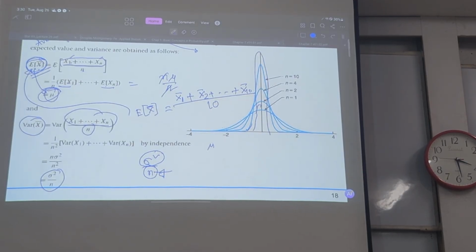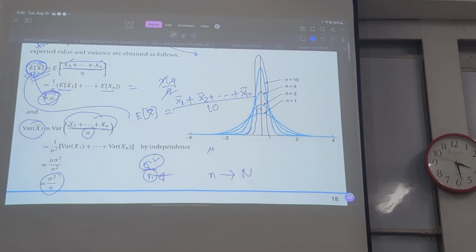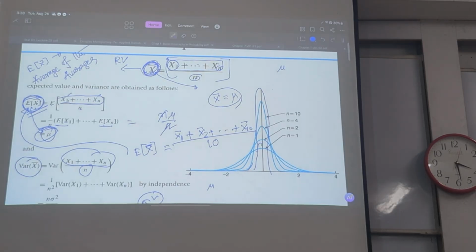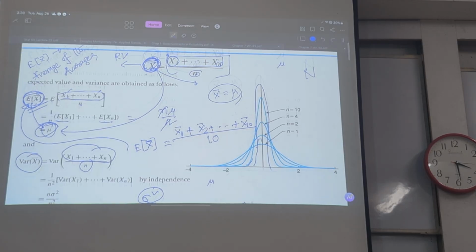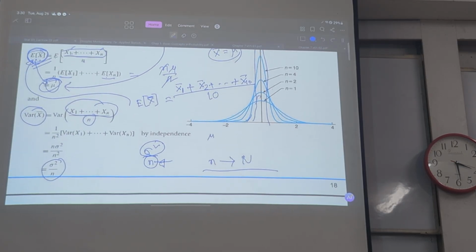And eventually, when the sample size equals the population size n, this X bar will have no variance. If you have a sample size equal to n, you have all the population data to calculate the average, and you do not need to collect many samples. It will be equal to mu, and the sample mean will have no variance. The variance will be exactly zero.